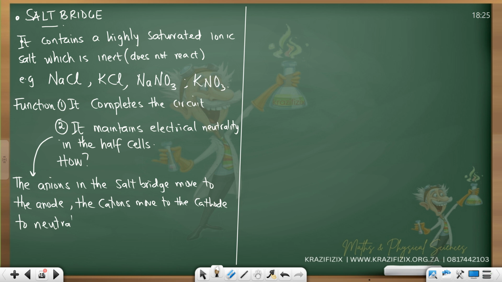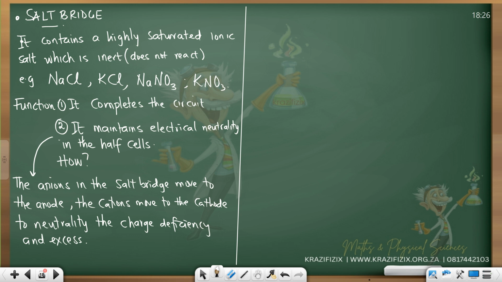To neutralize the charge deficiency and the charge excess.